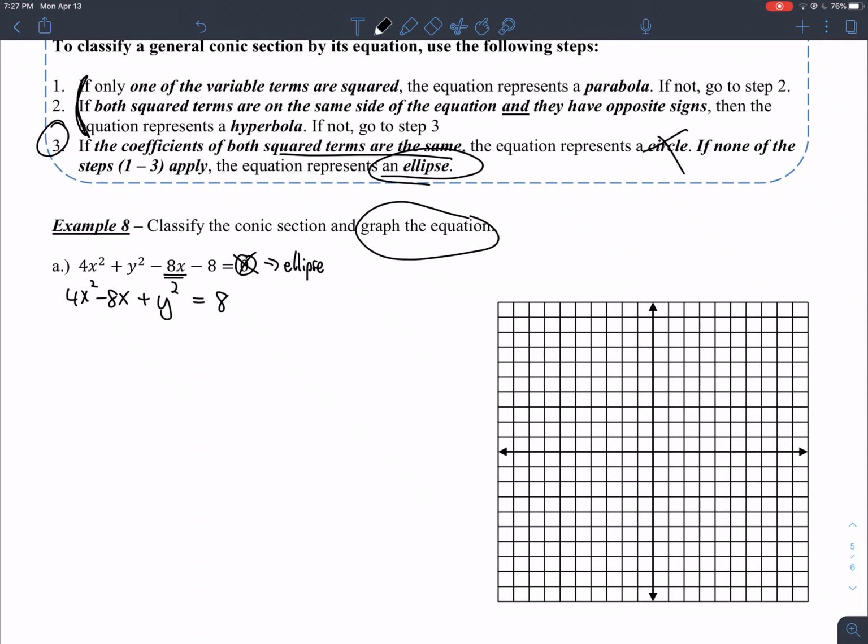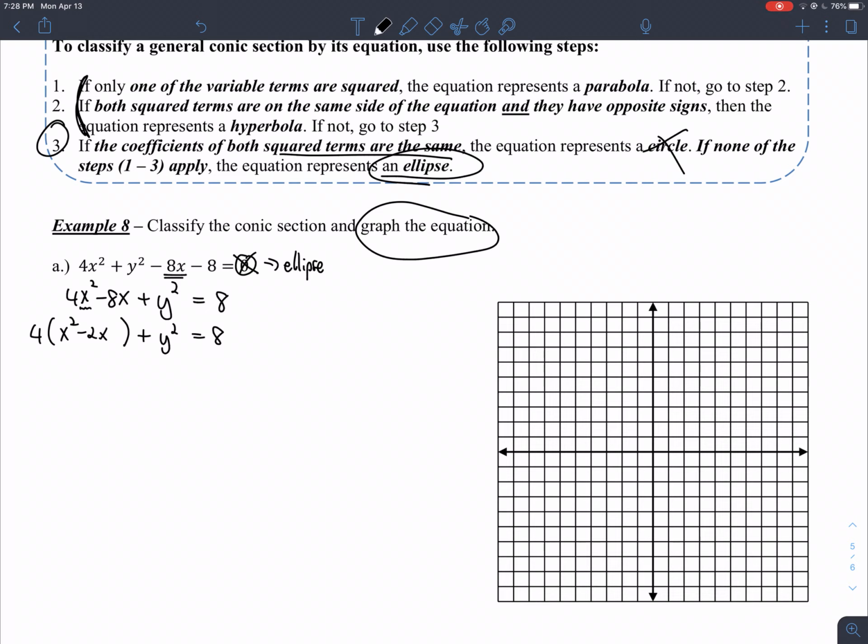The way you complete the square is make sure that the coefficient of the squared term must be 1. It's not. It's 4. Okay? So what you have to do is factor out 4. Like this. Alright, I did that.